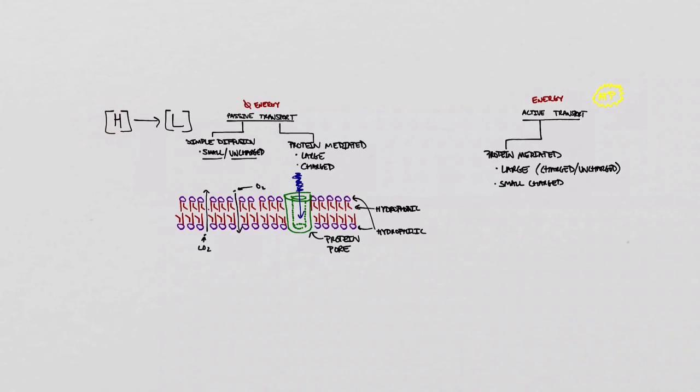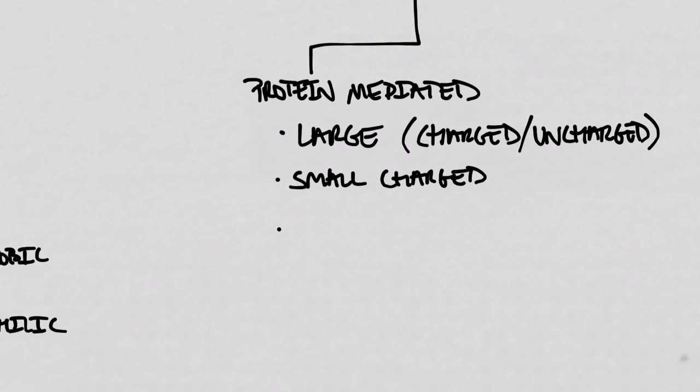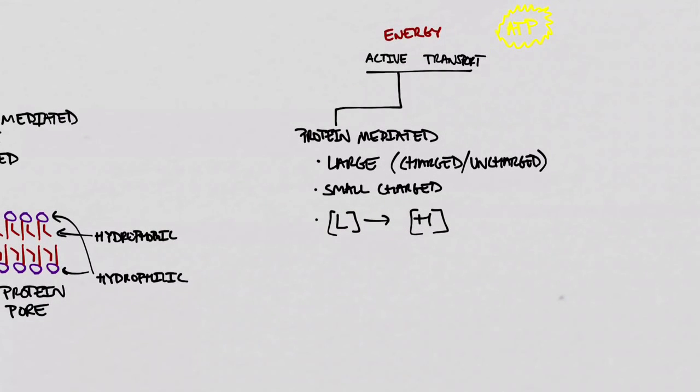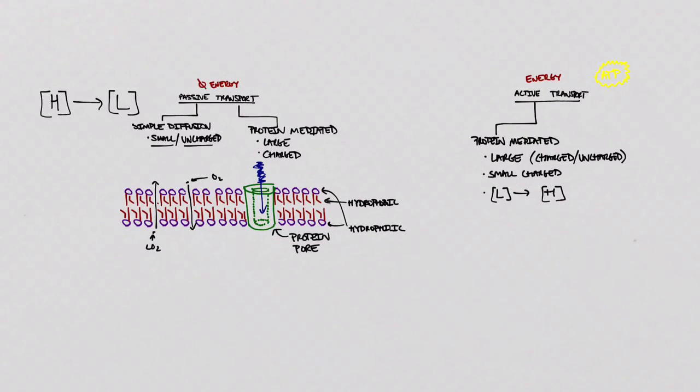an area of high concentration to low concentration, so things are always diffusing down their concentration gradient. Protein-mediated active transport is always an area of low concentration to high concentration. So we're using energy to push things against their concentration gradient. Now, something important to note about both types of protein-mediated transport, both active and passive.